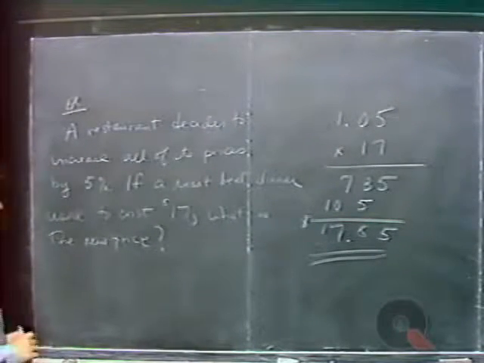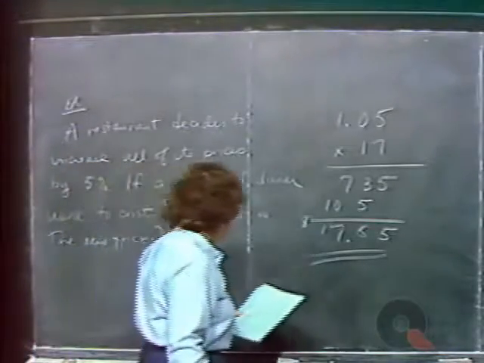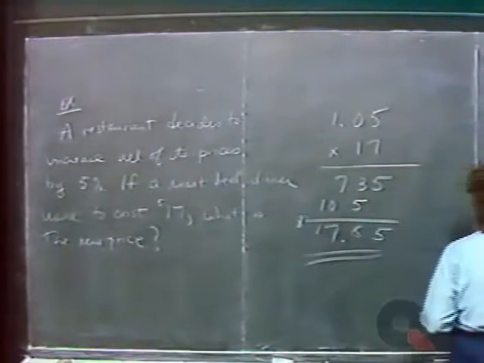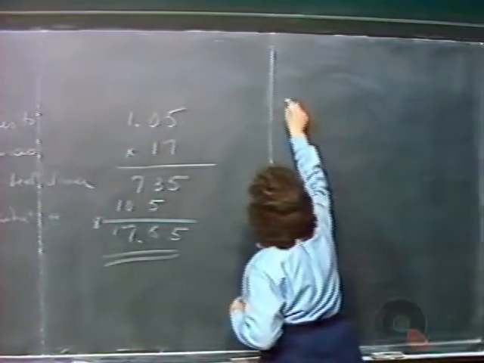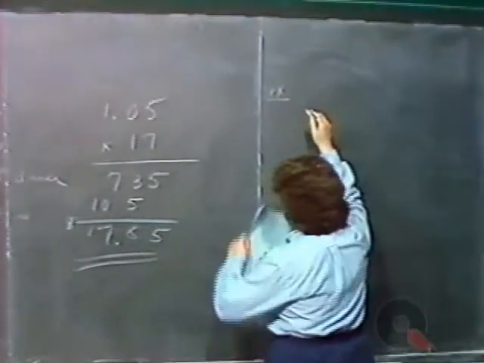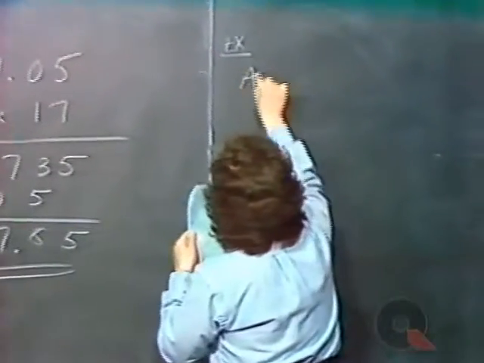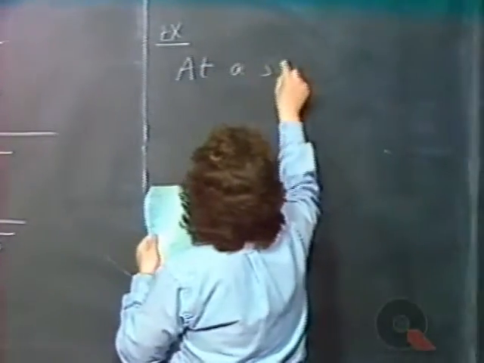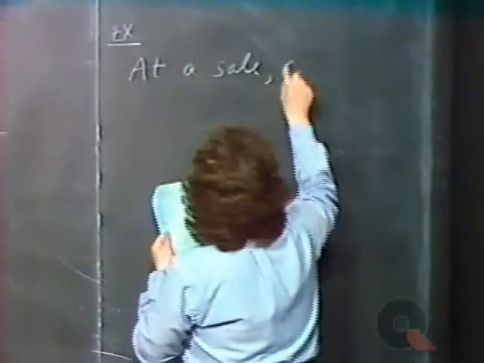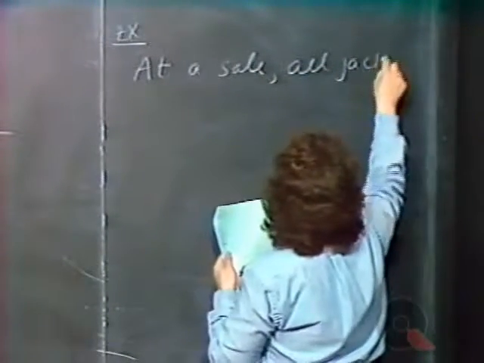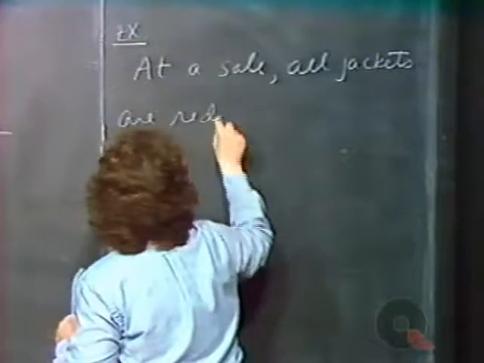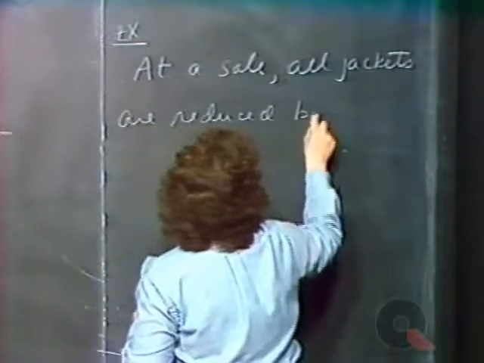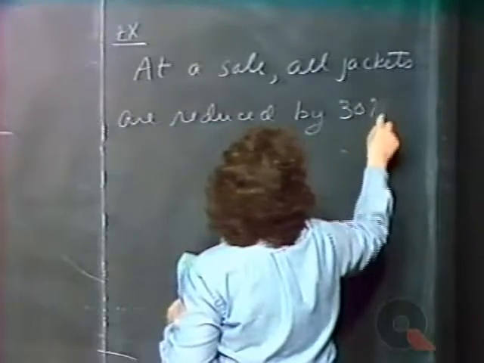Okay, now so far all of the problems dealt with percent increase. Now let's look at a problem that involves a percent decrease. We have the following. At a sale, all jackets are reduced by 30%.